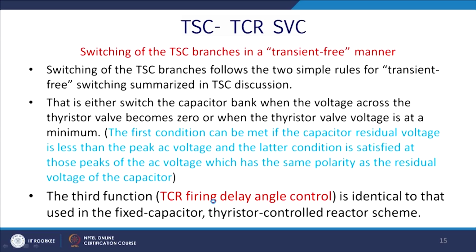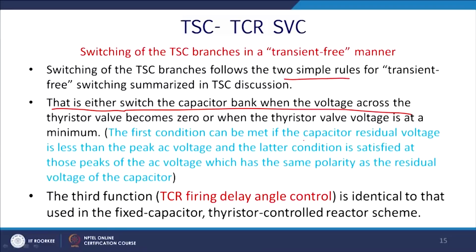What we can say is, the switching of the TCSC branches follows two simple rules. One, we require a transient-free operation, and it is either switch the capacitor bank when the voltage across the thyristor valve becomes 0, or when the thyristor valve voltage is at a minimum. So, in either of the circumstances you can trigger to ensure minimum transient in the system.